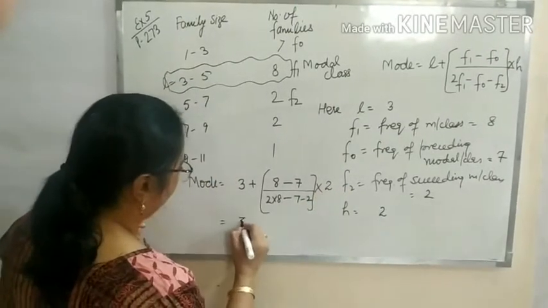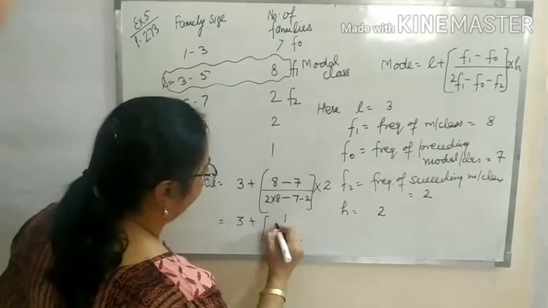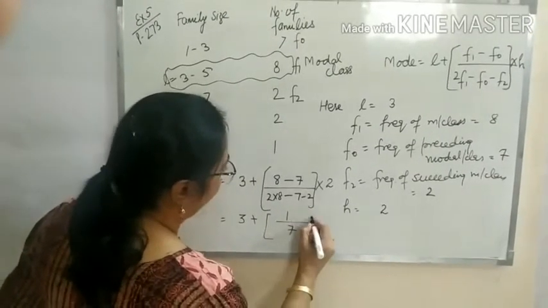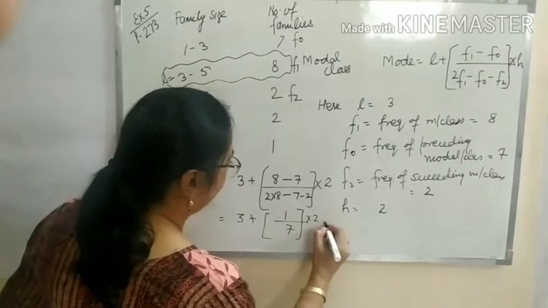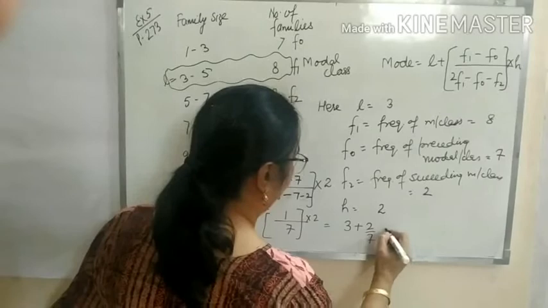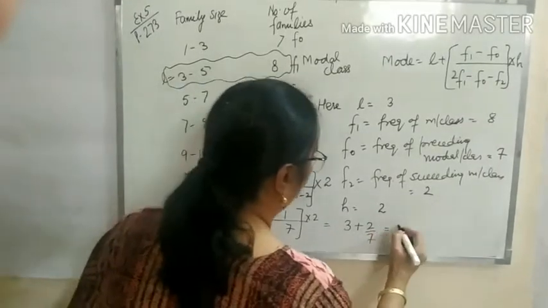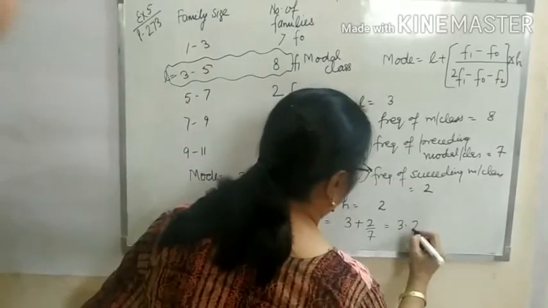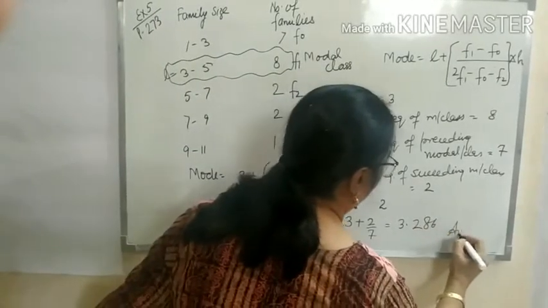So solve it. 16 minus 9, that is 7, into 2. So you will get 3 plus 2 upon 7. When you calculate it, it comes out to be 3.286. This is the required answer.